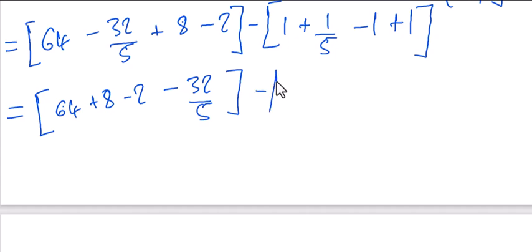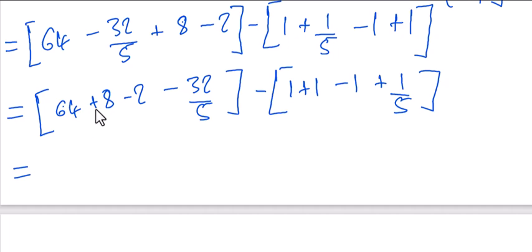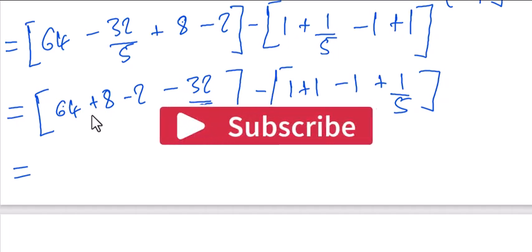Then on the other side we also collect the like terms. So we have 1 plus 1 minus 1, then plus 1 over 5. So we work out what we have. We're going to have 64 plus 8, which is 70.